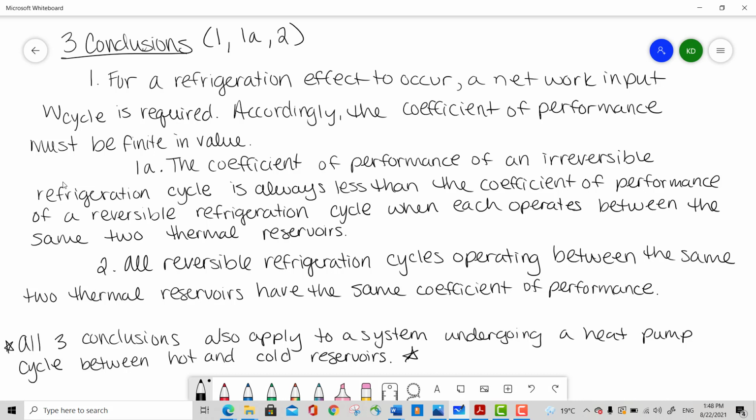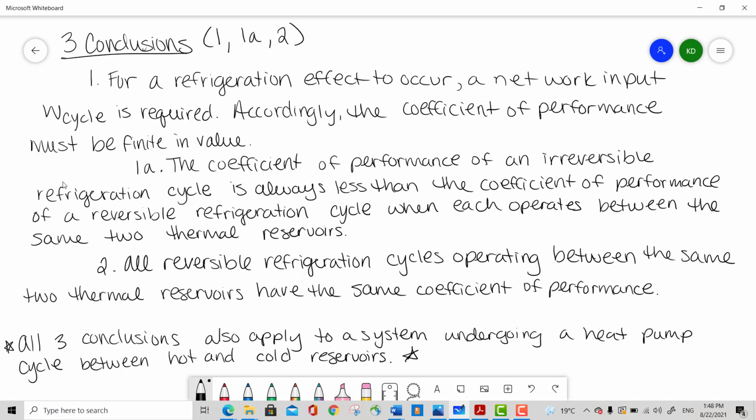We've gone over this quite a few times, but the performance of an irreversible refrigeration cycle is always going to be less than the coefficient of performance of a reversible refrigeration cycle in terms of efficiency. So it's going to have less of an efficiency.